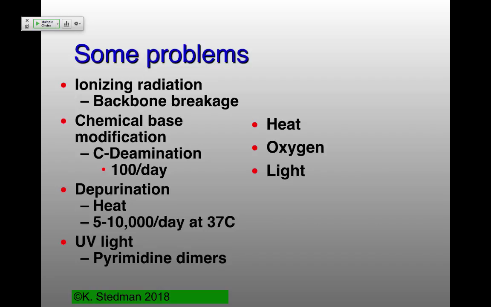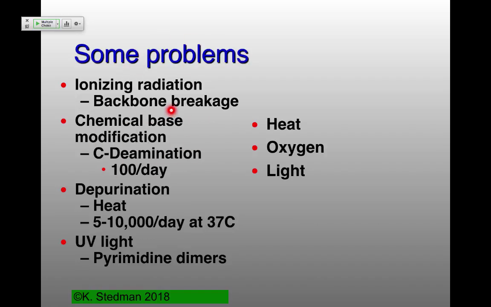But fortunately, most of us are not exposed to ionizing radiation most of the time. On the other hand, we are exposed to heat, and when I say heat, 37 degrees C, which is about what I have now. We like oxygen, and we like light. Unfortunately, all these things are really bad for DNA. Deamination is one of the most common.